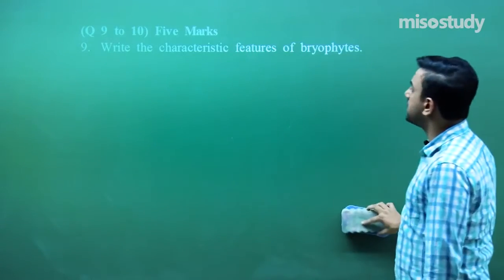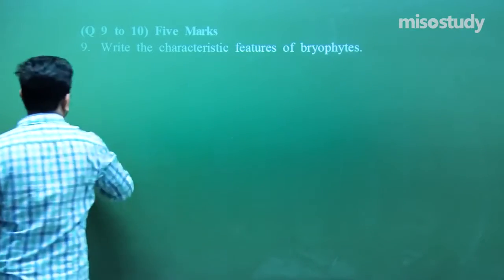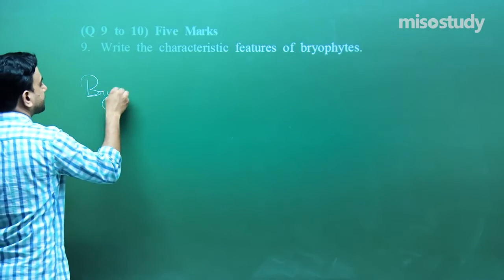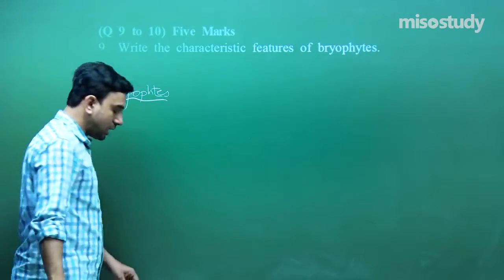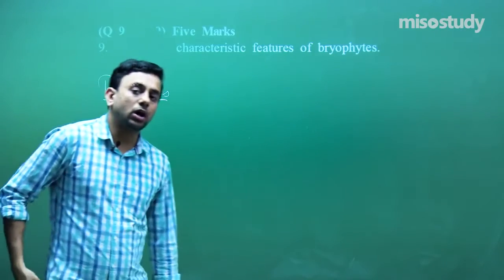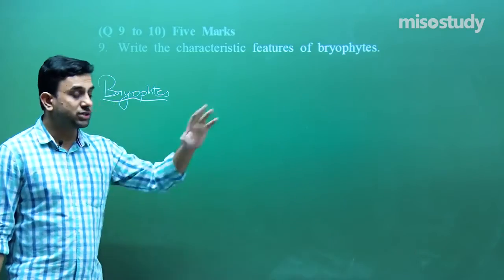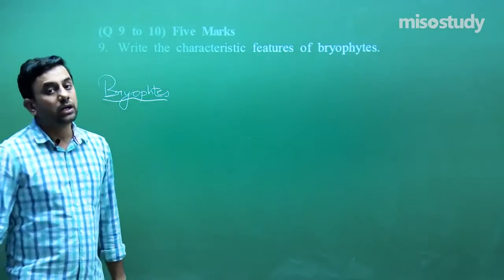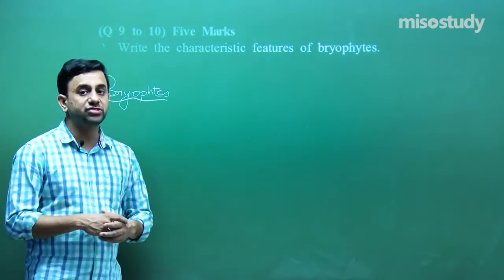Now we will move on to the next question. Write the characteristic features of the bryophytes. When we talk about the evolutionary lineage, we saw the thallophyta, then bryophyta comes after the thallophyta. The thallophyta have a thallus body, not differentiated into root, stem and leaves.